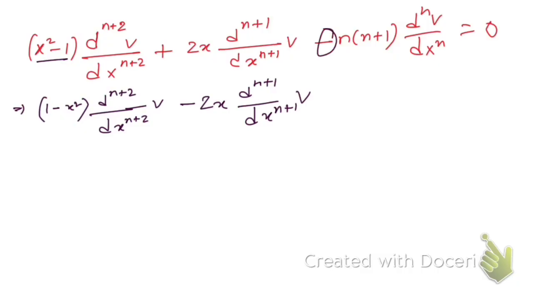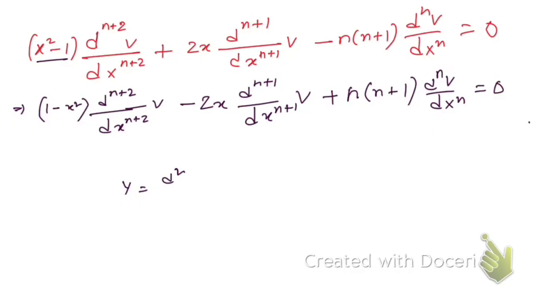Then it's going to be plus as it is multiplied by minus 1. So n into n plus 1 times nth order derivative of v with respect to x is equal to 0. So this is what we have got, right? Now you see, let us consider y is equal to nth order derivative of v with respect to x. Then this can be written as second order derivative.